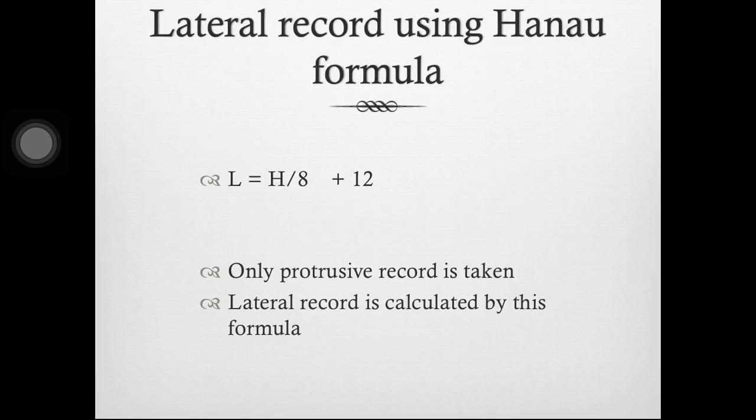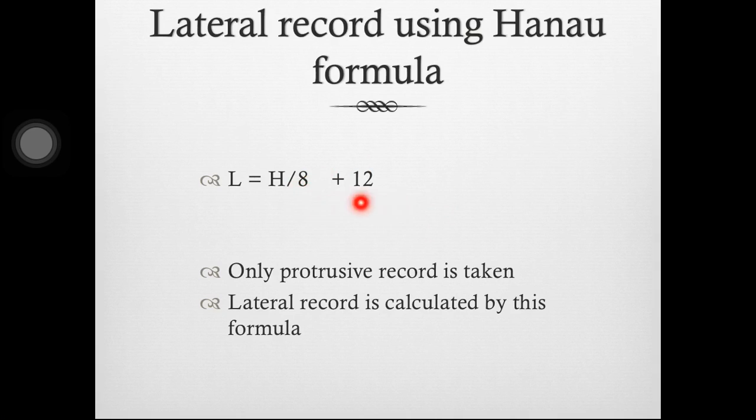So the Hanau formula is also used to calculate the record instead of recording it in the patient's mouth. A formula is used, and in this only the protrusive record is taken and the lateral record is calculated by this formula.